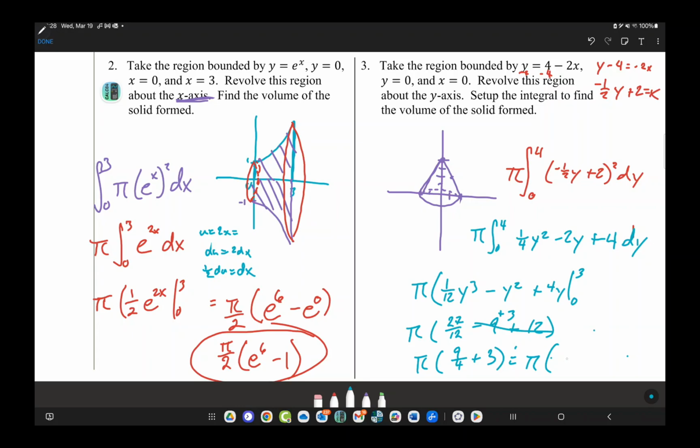Oh, wait. I put the wrong value, didn't I? It's supposed to be 4. So that's 64 over 12, which does reduce, minus 16 plus 16. Well, that's nice. The minus 16 plus 16 cancel. And 64 over 12 reduces to 16 over 3. Hey, look, our answer from before, because we know the volume of a cone. 16 pi over 3.